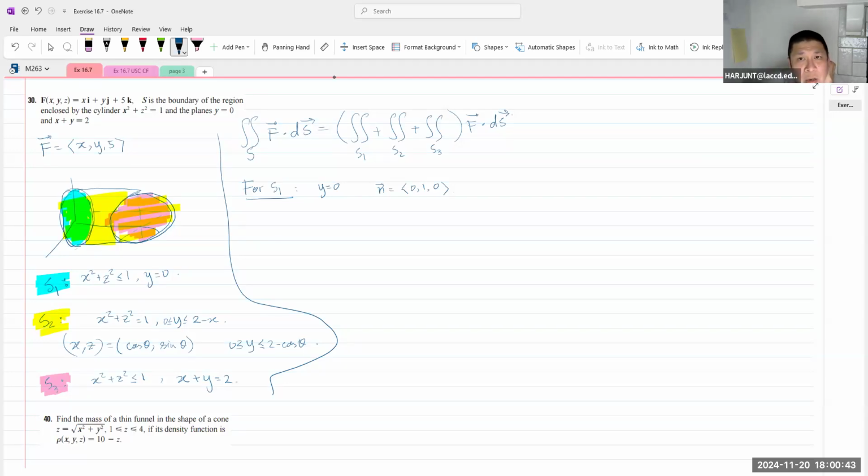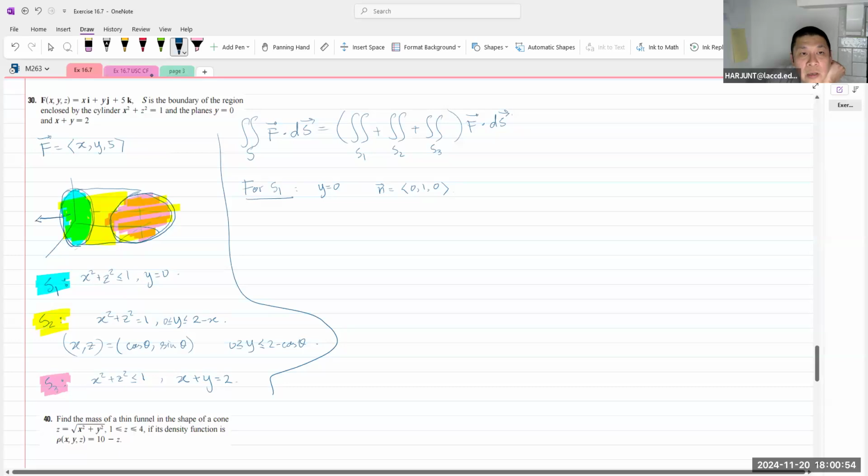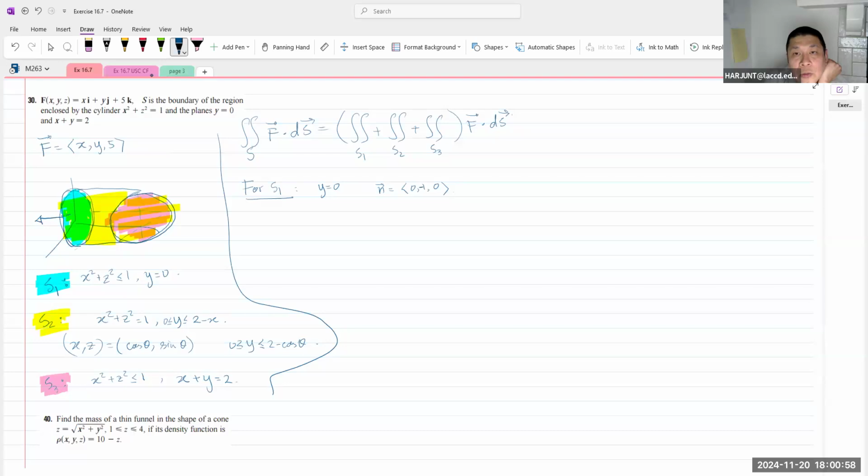Now they don't say the direction, so we need to assume it is outward, and if it is outward, then it will be going out that way. I'm sorry, so the normal vector should be 0, negative 1, 0. That's what it's supposed to be.